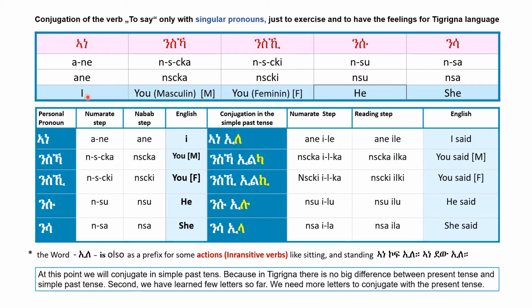Ane means I, ንስኻ you masculine, ንስኺ you feminine, ንሱ he, ንሳ she.